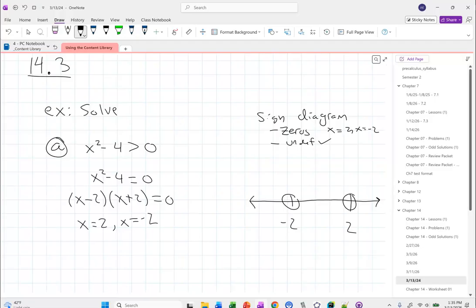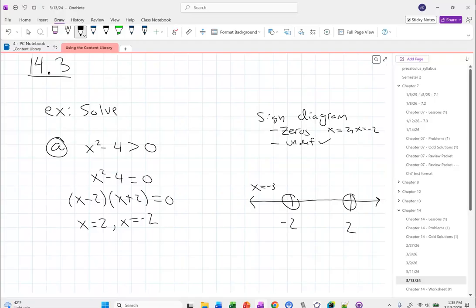Now these zeros have divided my number line into 1, 2, 3 separate intervals, right? Everybody's okay? So I'm going to pick a test value from each of these 3 intervals. I'm going to pick any number less than negative 2. Is this factor line analysis? Sure. I call it a sign diagram.